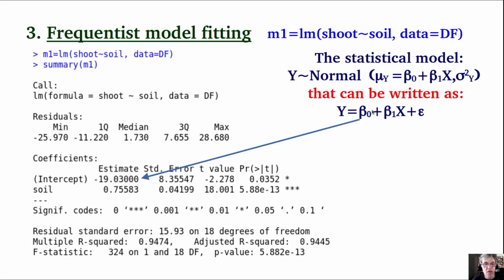So here is the intercept of minus 19.03 with the standard error of 8.35. The standard error is the precision with which the sampling intercept estimates the population intercept that we would obtain if we had an exhaustive sample of the statistical population.